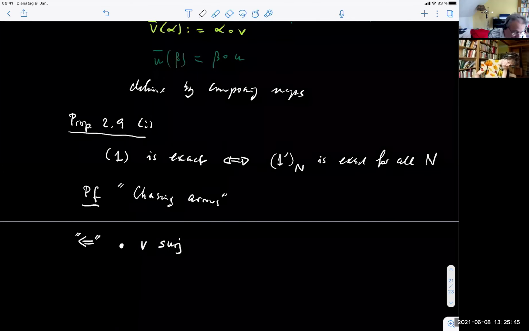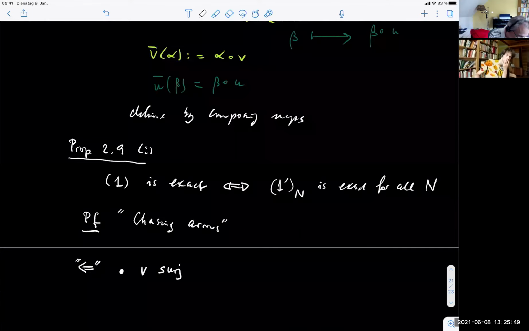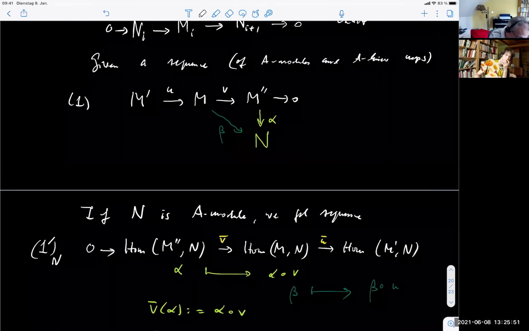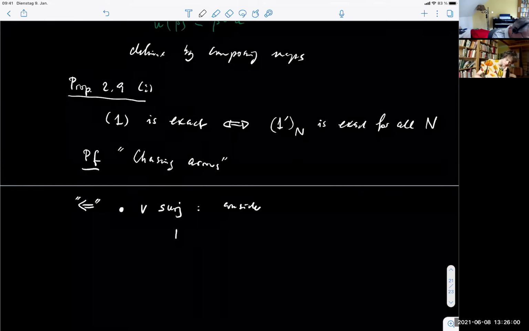So what was the V? Okay, it's unfortunately already far away. The V. Oh, it's that one. Okay. So how do I do it? So consider, I just write here part of my sequence. So this is the V. It goes from M to N2 prime.